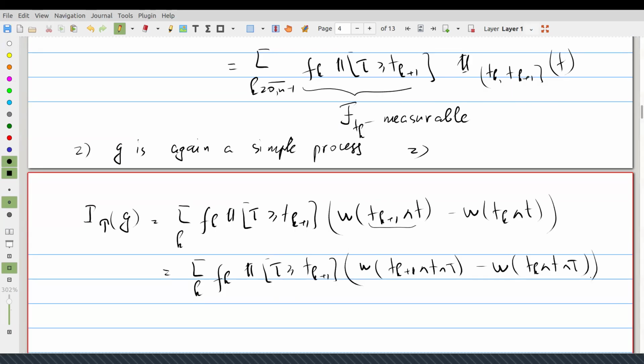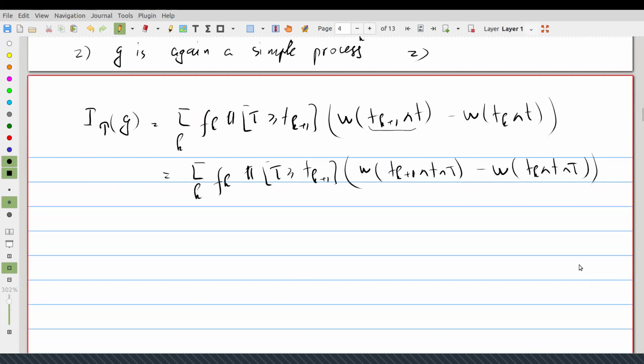Adding this doesn't break anything, since they are already greater than. And on the set of those omegas where tau equals t, we then have the corresponding expression.